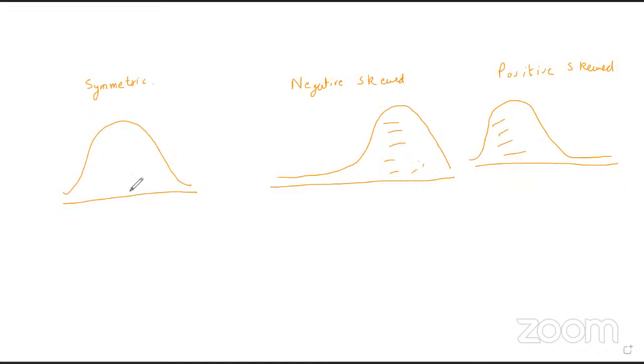Symmetric is balanced in the middle. Negatively skewed means it is not balanced at the middle; it's balanced somewhere in the right side of the middle. Positively skewed means it is balanced somewhere in the left side of the middle. You will cover more on this in stats too, but for now this is the only thing you need to keep in mind.